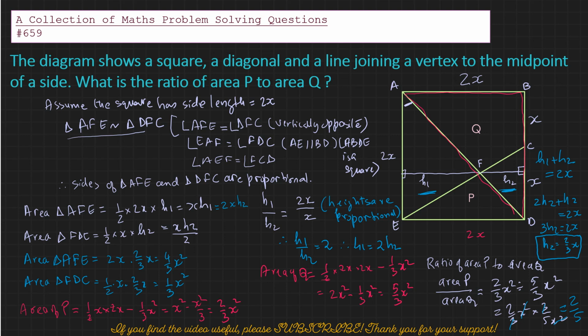So the answer is 2 is to 5. Again in a nice way. The answer is 2 is to 5.